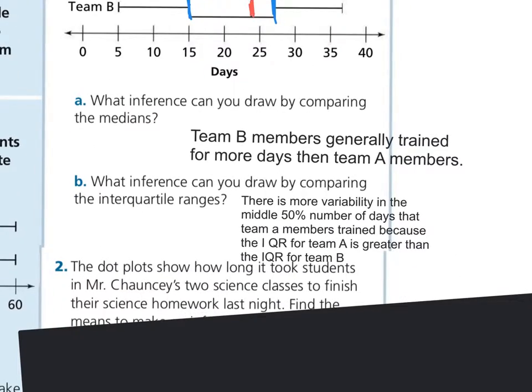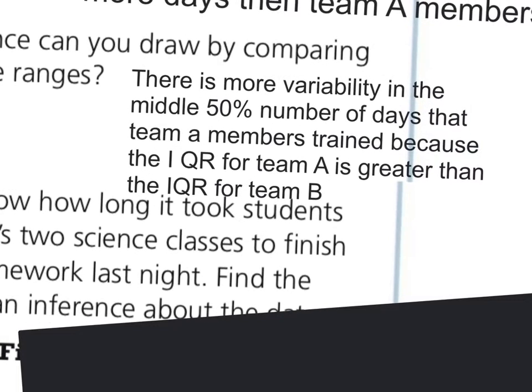So for that, we could say, depending on our perspective, more variability in the middle 50% number of days Team A members trained, because the IQR for Team A is greater than the IQR for Team B. Or you could say less variability for Team B because their IQR is lower than Team A.